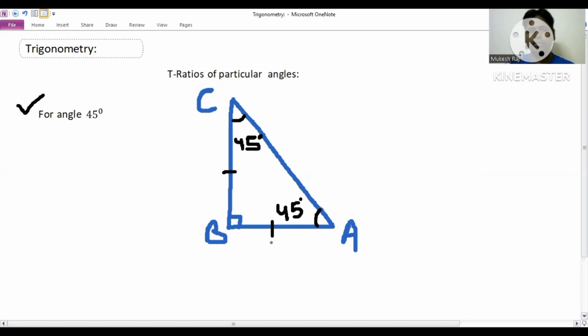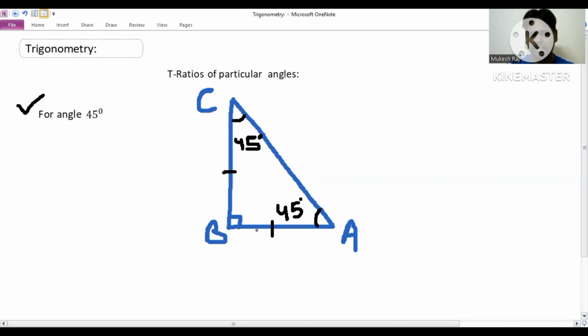And no matter whichever angle is considered for the calculation of the trigonometric ratios, it does not make any difference. So proceeding with the solution, in order to find the trigonometric ratios for the angle 45 degree in the right angle triangle ABC, let us assume the sides which are equal to each other.